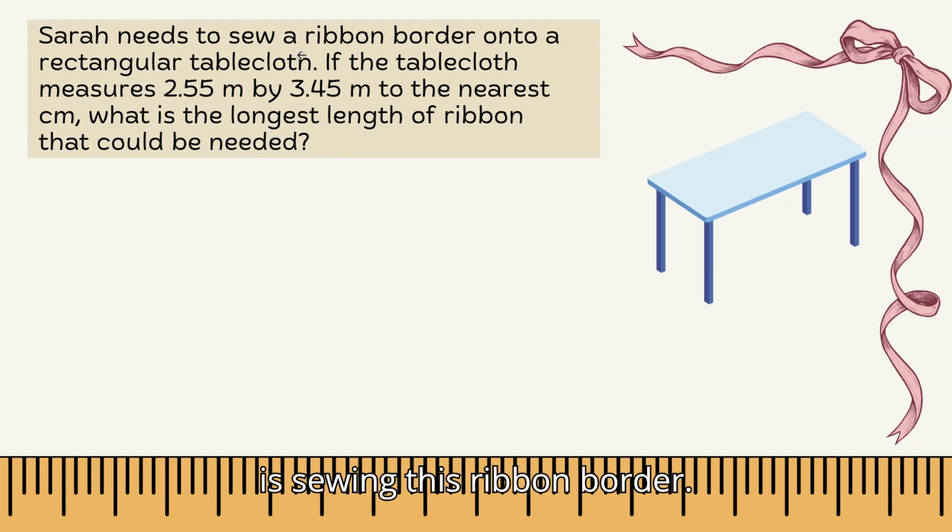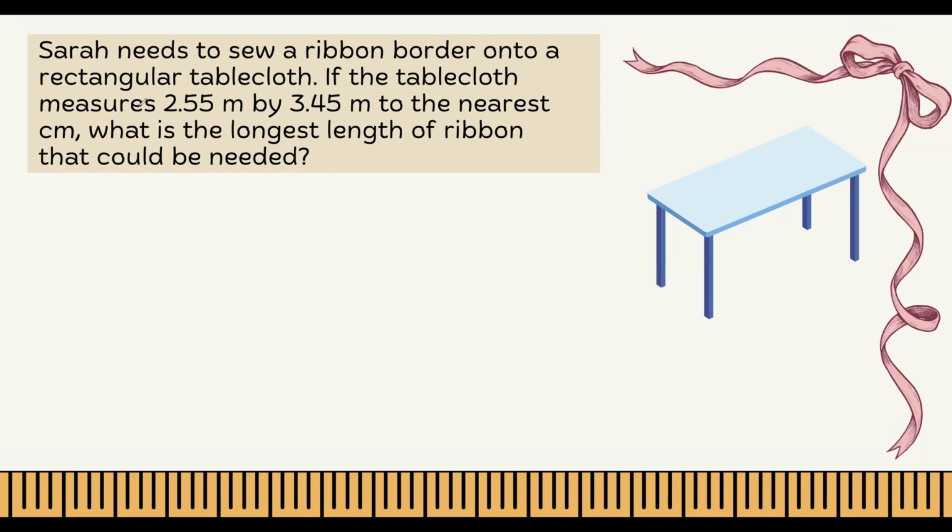So now she's sewing this ribbon border, and we know that the tablecloth measured 2.55 by 3.45. So this side, the width, is going to be 2.55 meters, and this part over here is going to be 3.45 meters because this is longer.